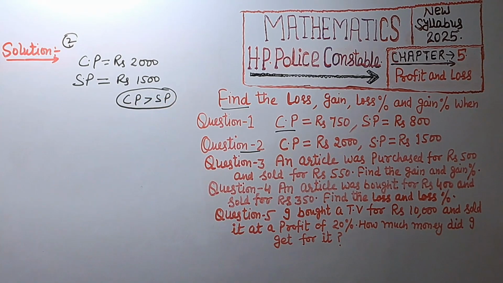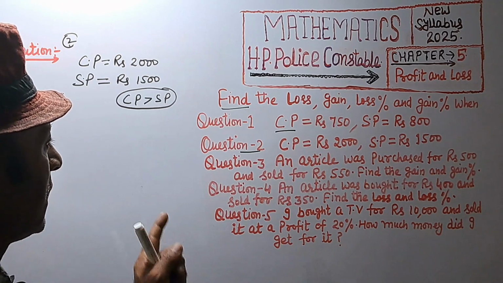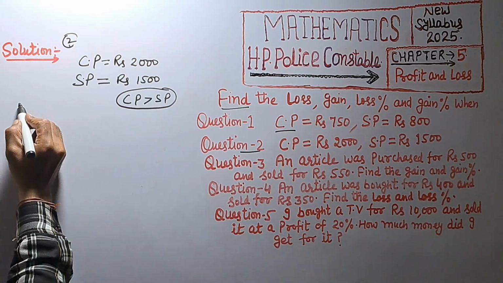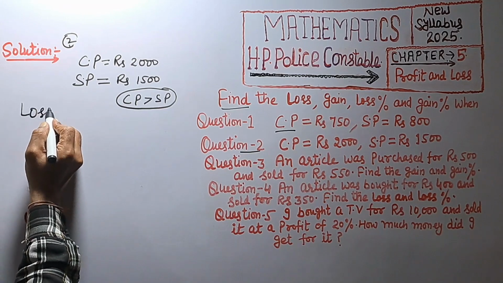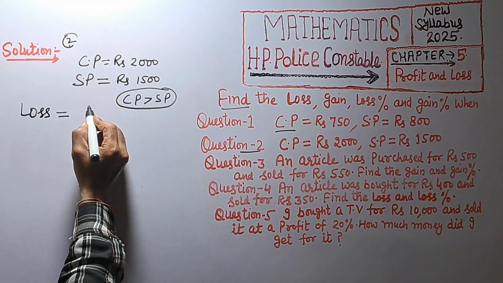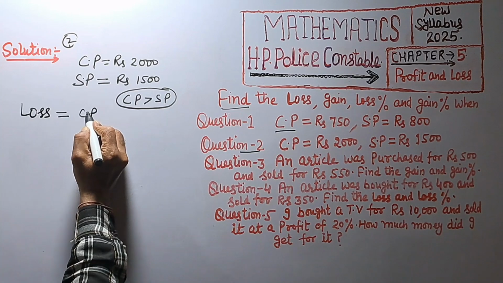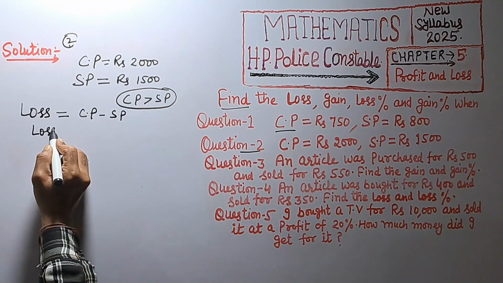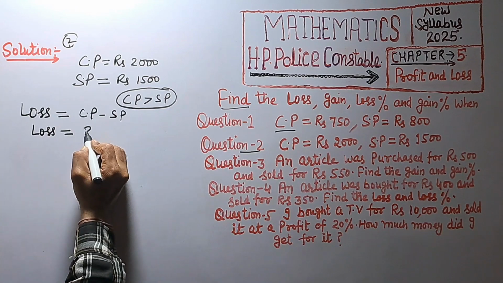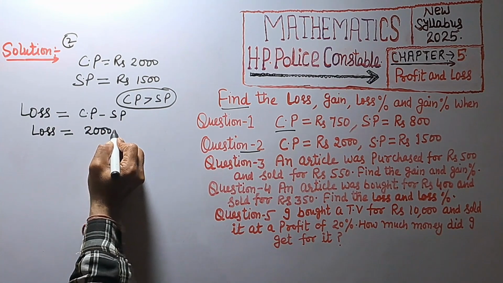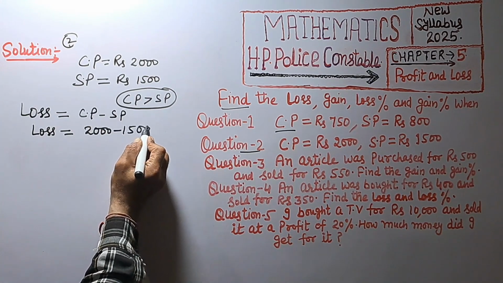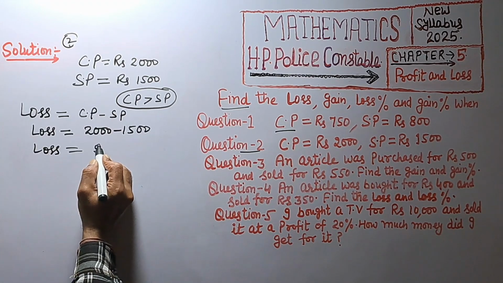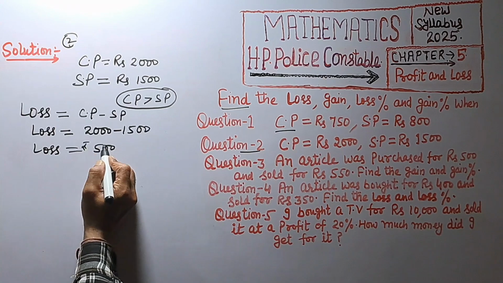When cost price is greater than selling price, then we get loss. And loss equal to CP minus SP, that is 2000 minus 1500 rupees. And loss equal to 500 rupees.